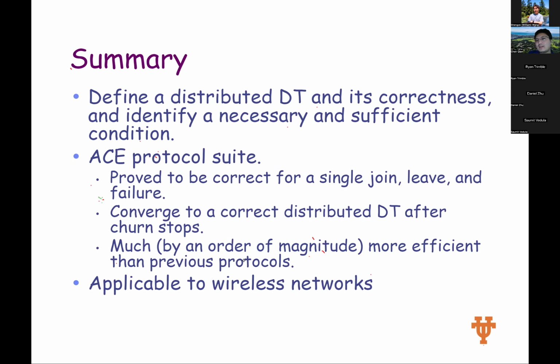I made these slides like 15 years ago. So the maintenance is not very rigorous. It always helps you converge in experiments, but you cannot prove the correctness. There's no way to prove the correctness.